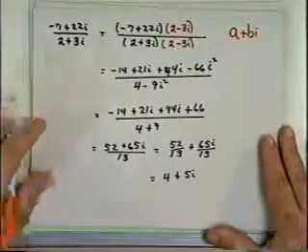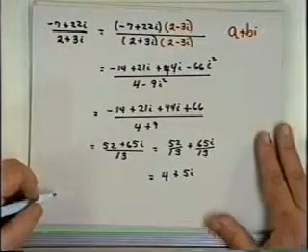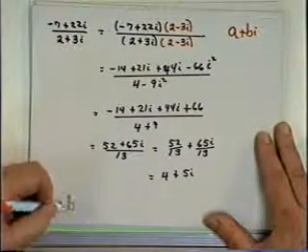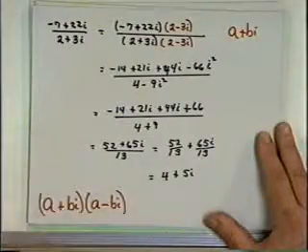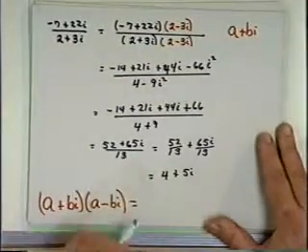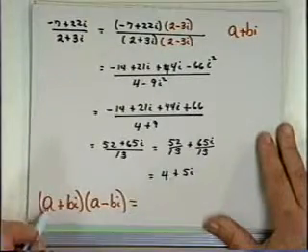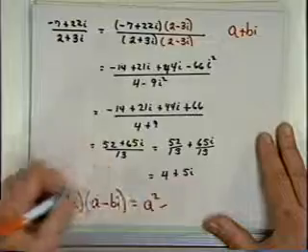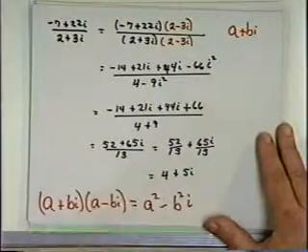A very interesting trick when you're dealing with these numbers is to notice that if you take any complex number, say a plus bi, and just multiply it by a minus bi, that's always going to be a non-negative number. Look why. Isn't this a sum and difference of the same two numbers? a times a is a squared. Positive bi times negative bi is negative b squared i squared.